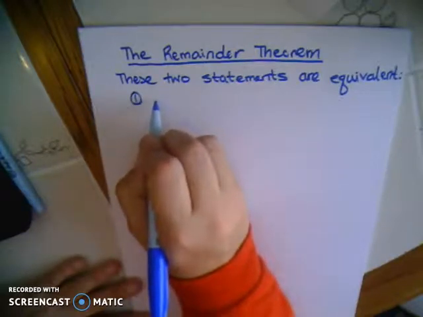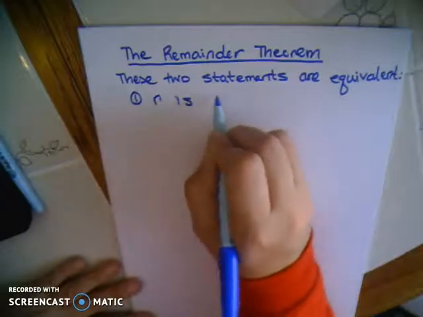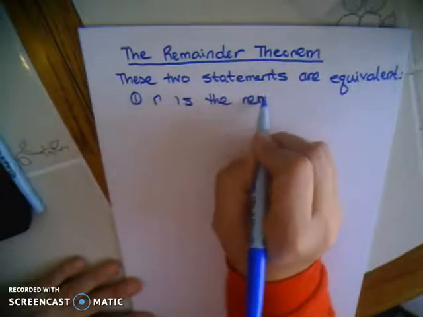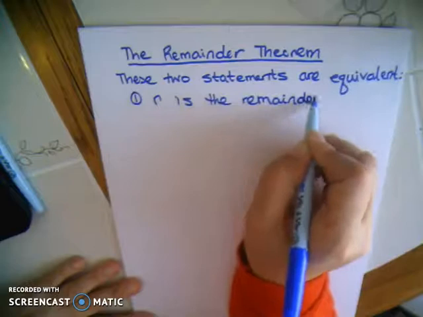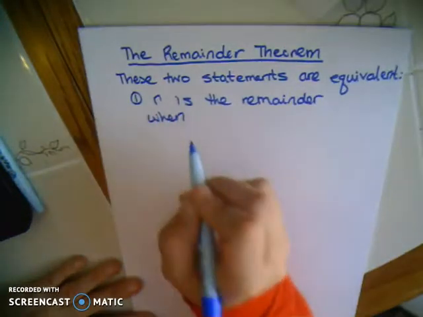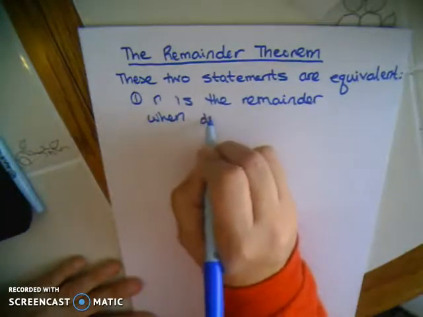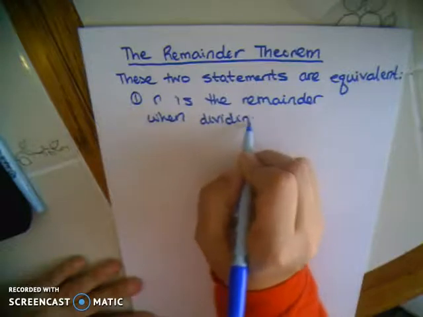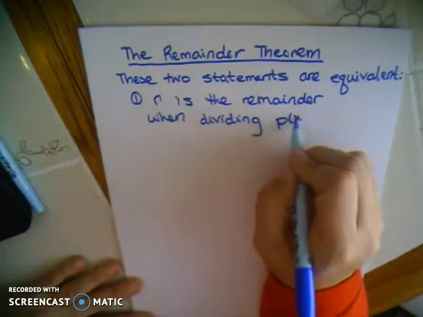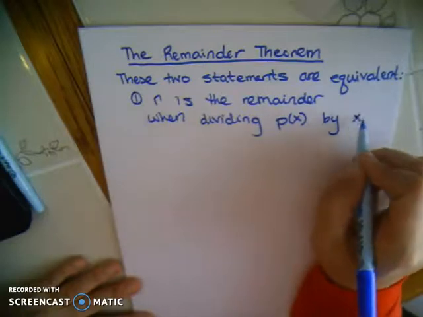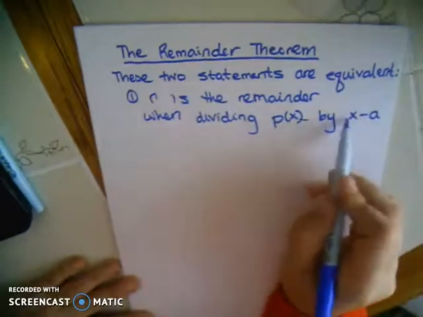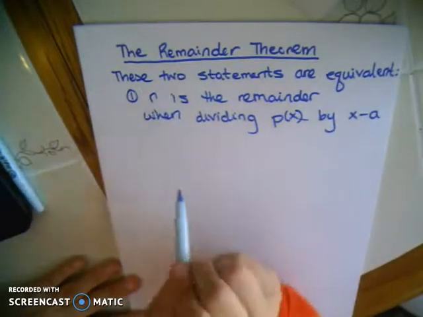So R is the remainder when dividing P of x by x minus a. So we did this division problem, and we got a remainder of R.